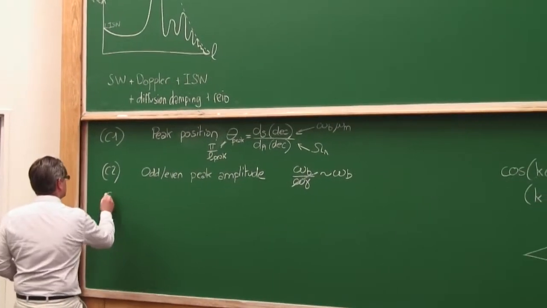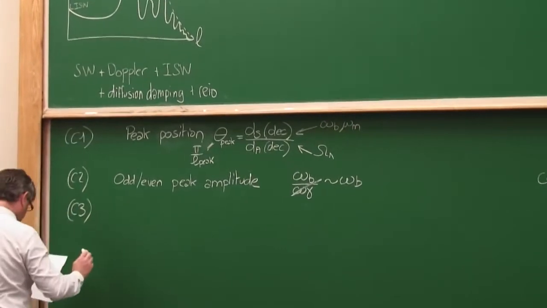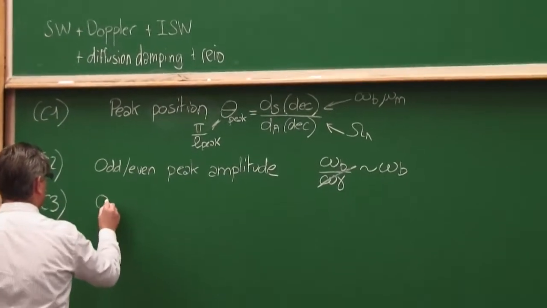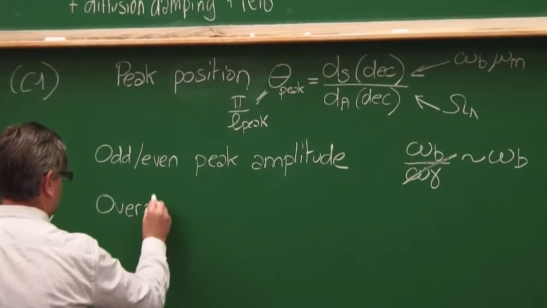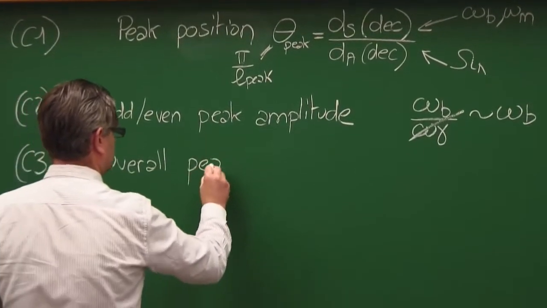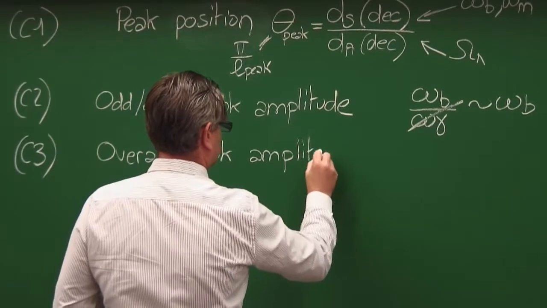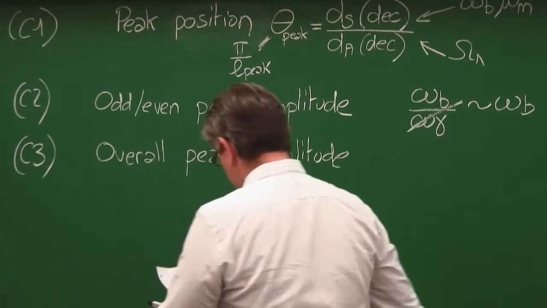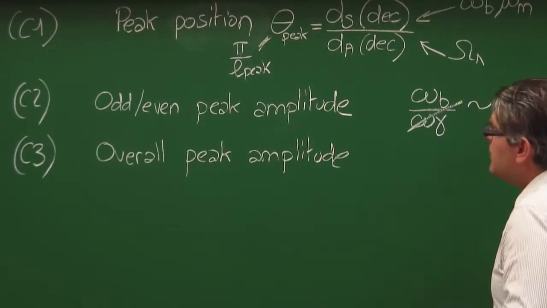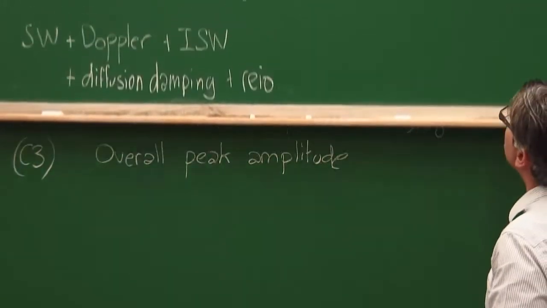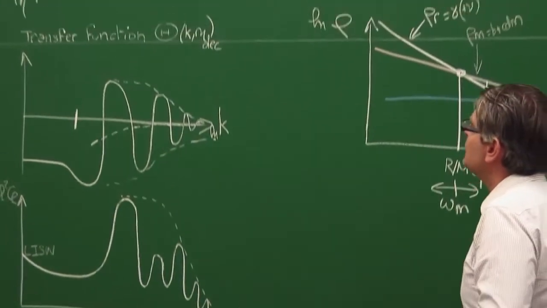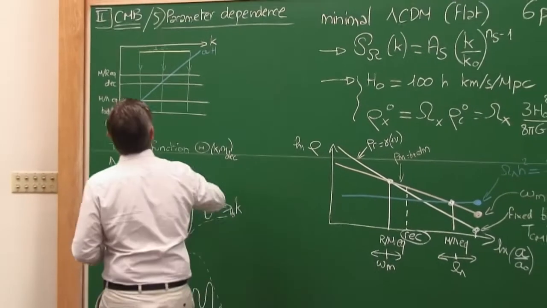Next, C3, this one is a bit more subtle. It's the overall amplitude of all peaks. Remember what we said yesterday about this region here, and you see that all details matter in this business.